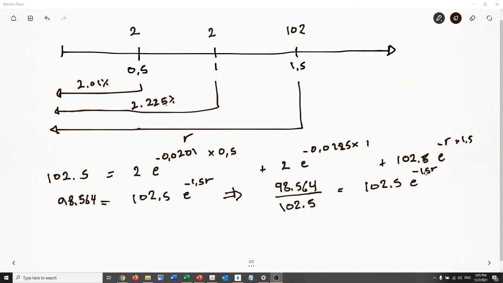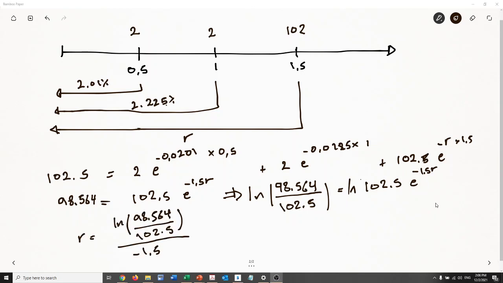Since r is the unknown, and it is the exponent of e, to get rid of this we take ln of both sides. So we have ln here and ln here, ln of this value, and we reduce the formula to become: r is equal to ln of the price divided by the future value, all divided by minus 1.5.